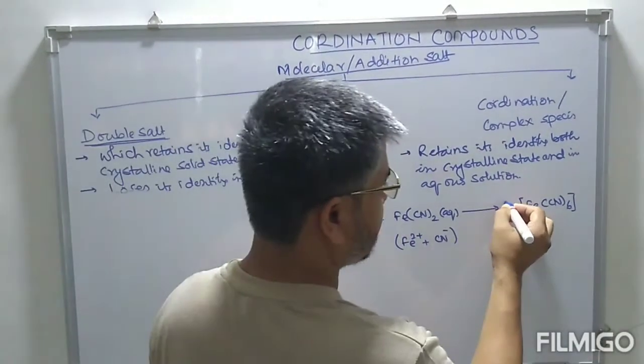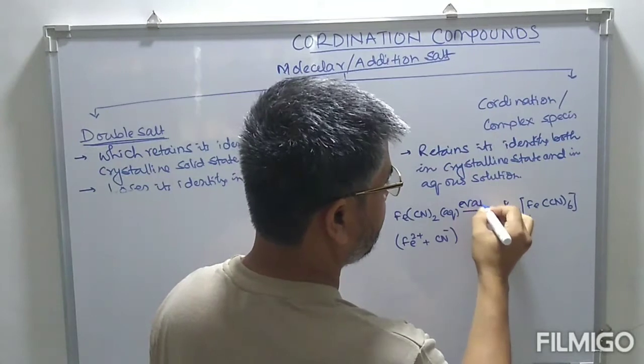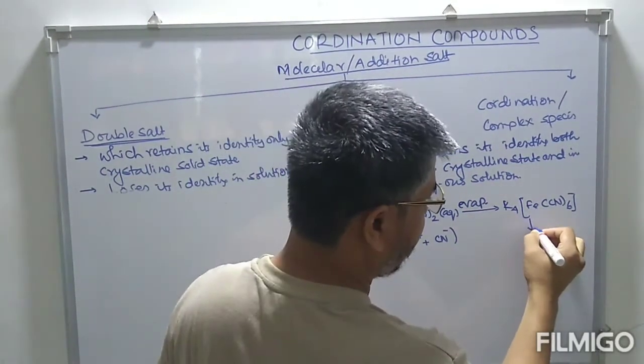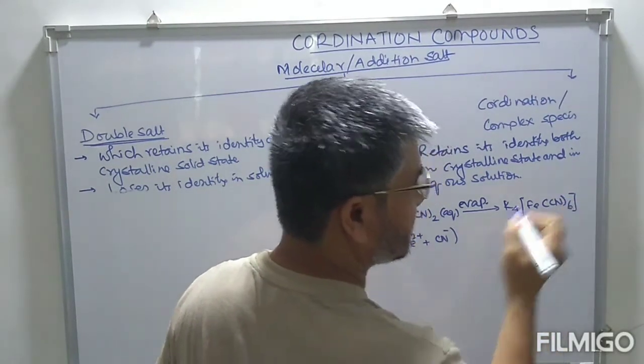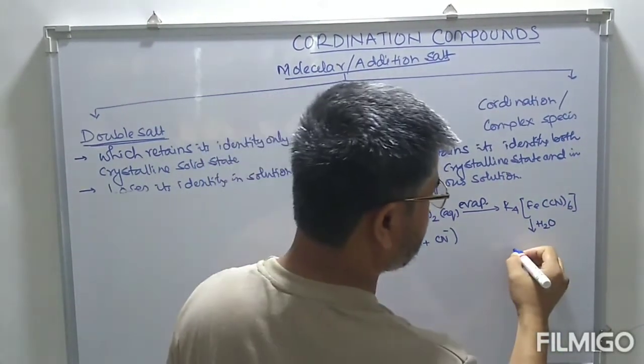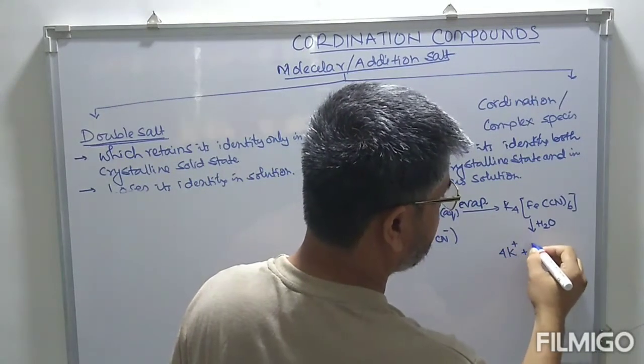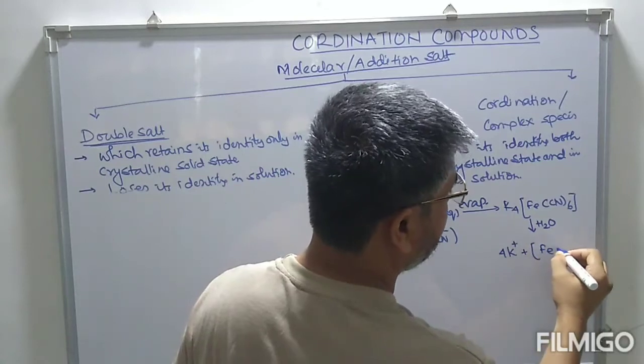Now we have this compound K4[Fe(CN)6]. When this K4[Fe(CN)6] is dissolved in water, this gives you K plus and this complex anion.